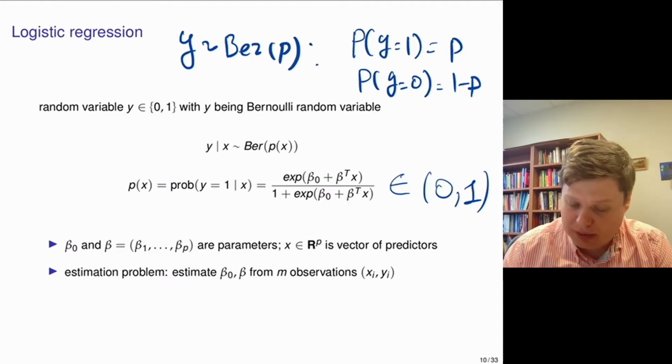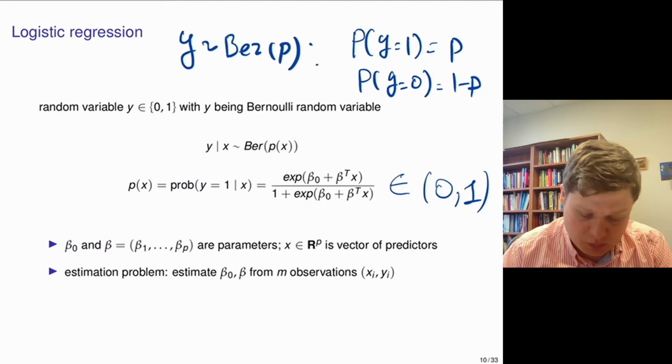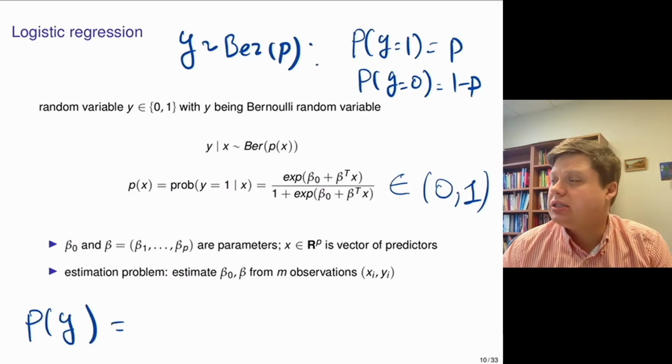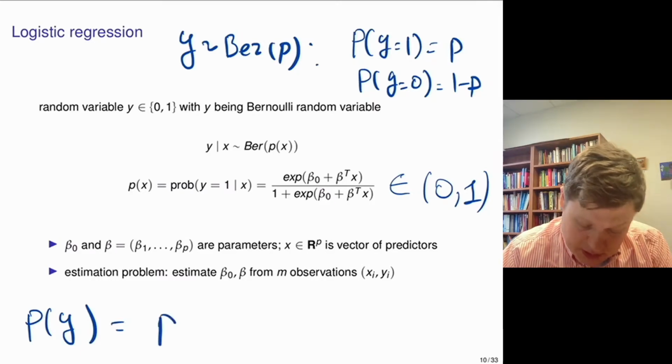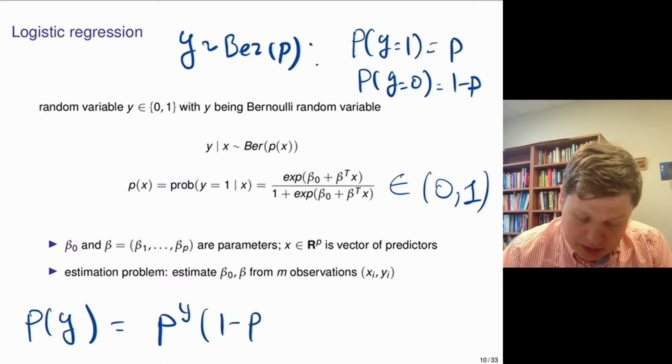And we want to put this into a single formula. A single formula for the density of the Bernoulli would be: the probability of y is just p to the power y, and then 1 minus p to the power 1 minus y.